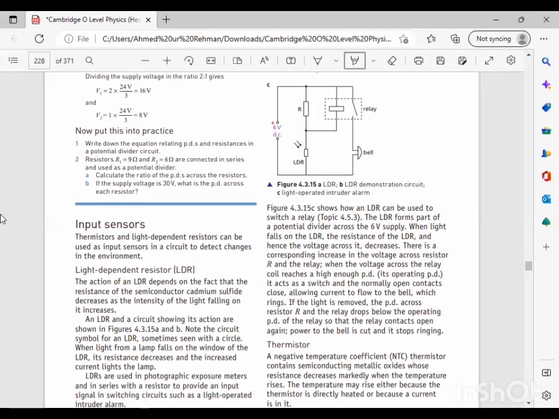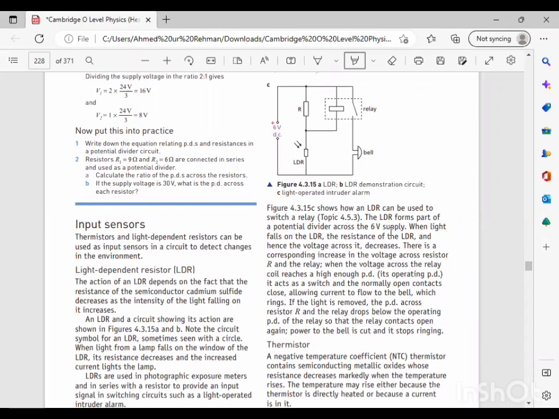it acts as a switch and the normally open contacts close, allowing current to flow to the bell. So basically, when light falls on the LDR, light has increased, so resistance has decreased, and so the voltage across it has decreased.